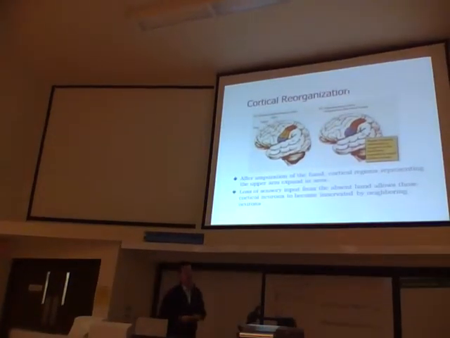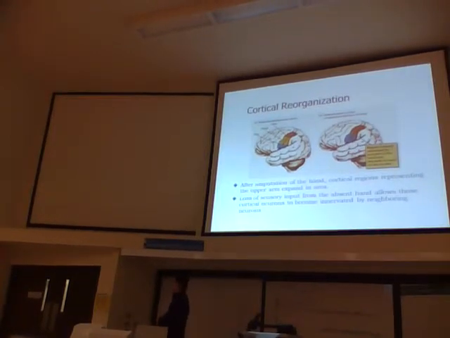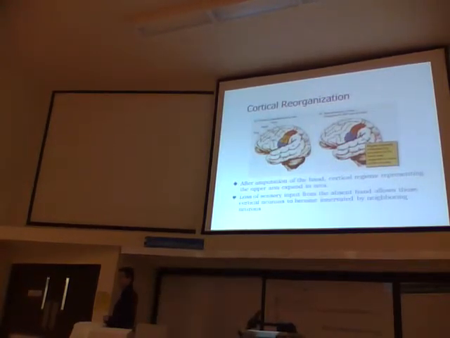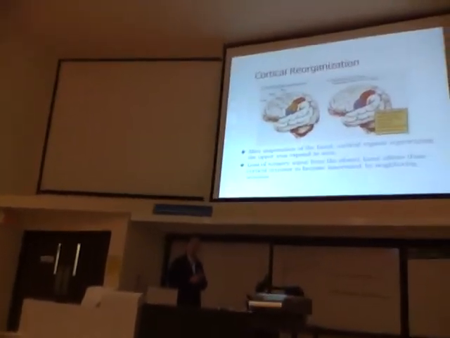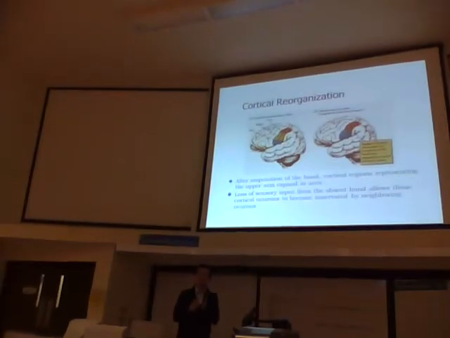So, cortical reorganization. I told you before that cortical maps are plastic, so the amount of tissue represented by a particular body part is not fixed. The borders can change.